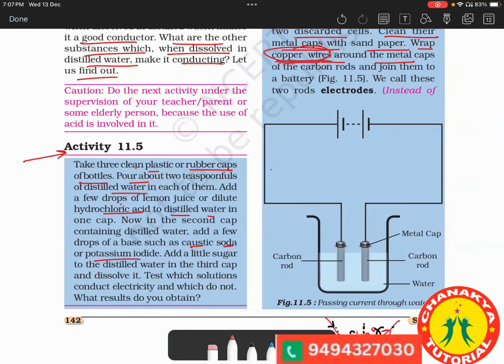So we call these two rods electrodes. We were discussing these two rods, the carbon rods. These two rods are known as electrodes. Okay, so what is the exact definition of electrodes?